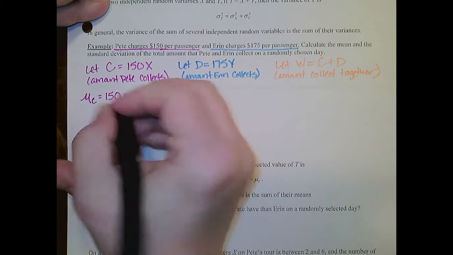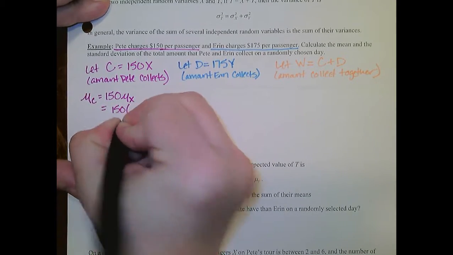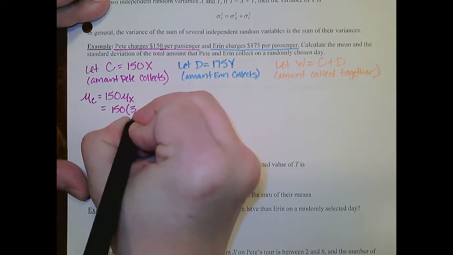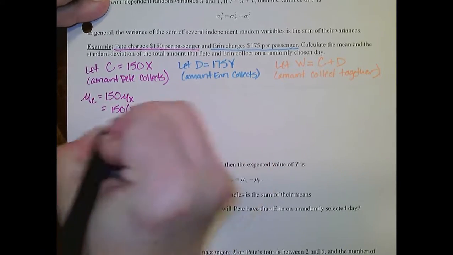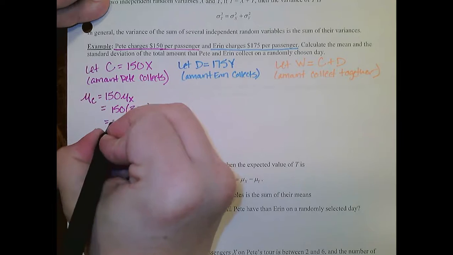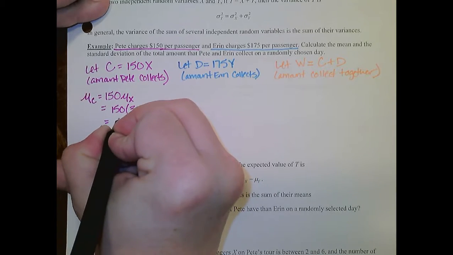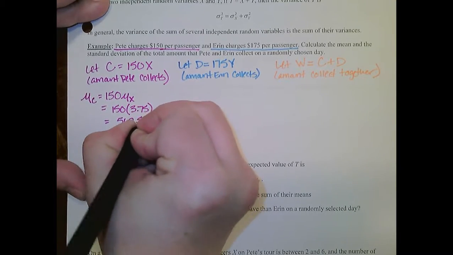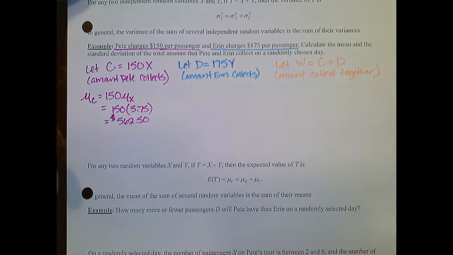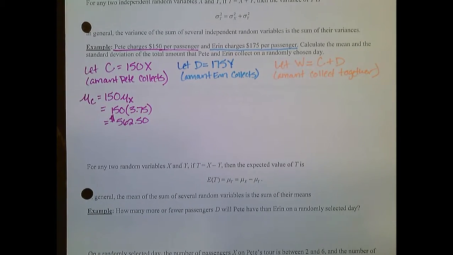So we would have 150 times our mean for X, our mean for Pete was 3.75, gives us a mean of 562.50. I'm going to round that to 2 decimal places because we're talking about the mean or the typical amount of money that Pete would collect for any trip.